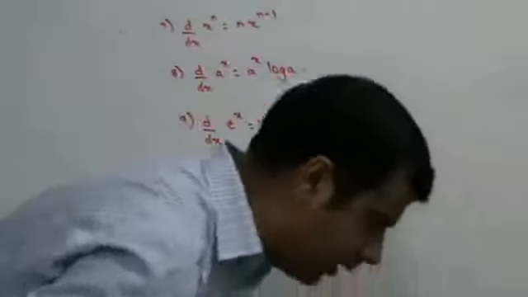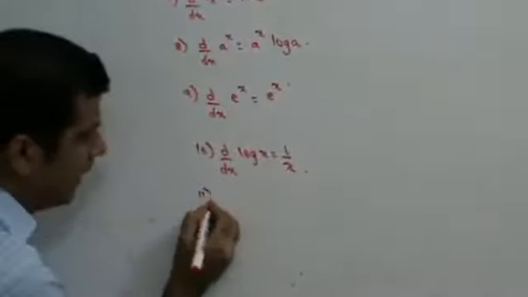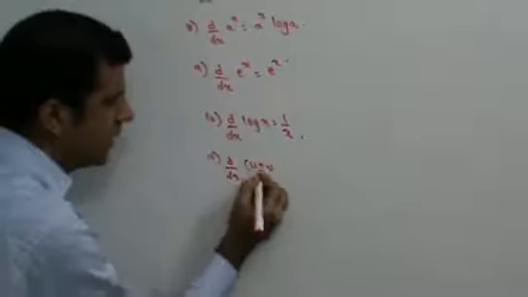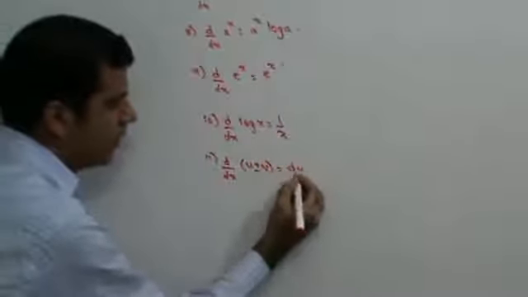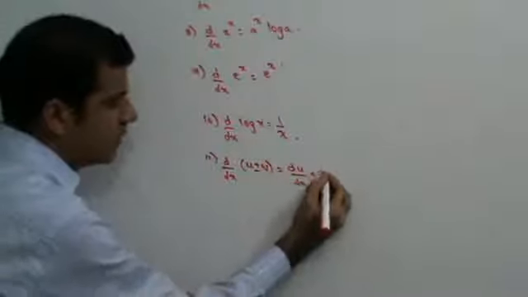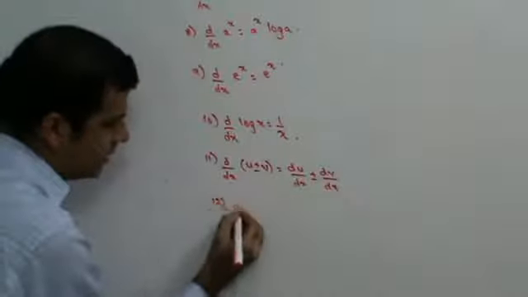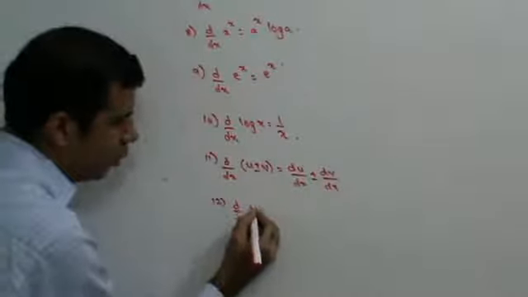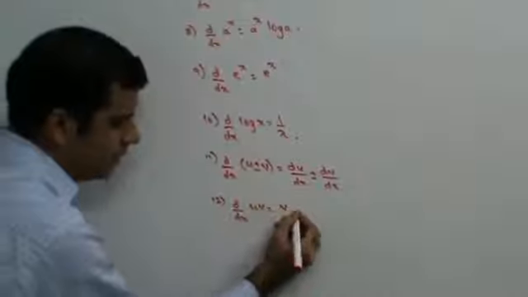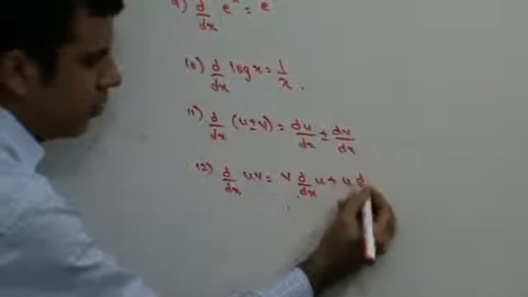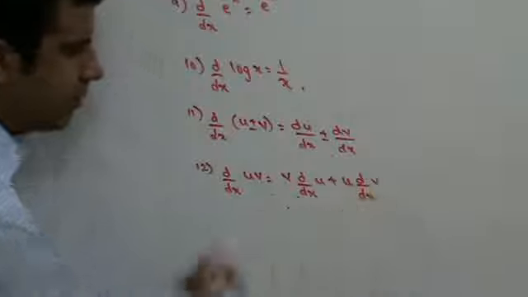Next, let's go ahead. D by dx of u plus minus v is du by dx plus minus dv by dx. Next, d by dx of uv is v times derivative of u plus u times derivative of v.